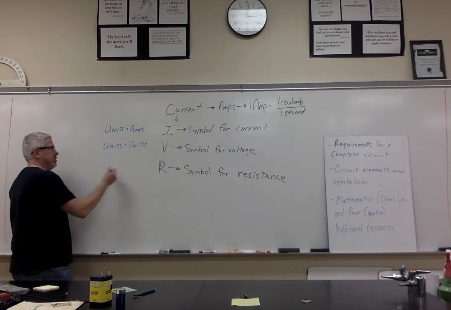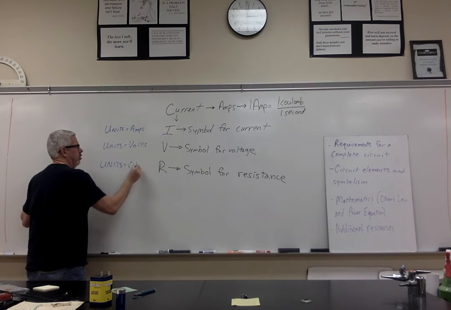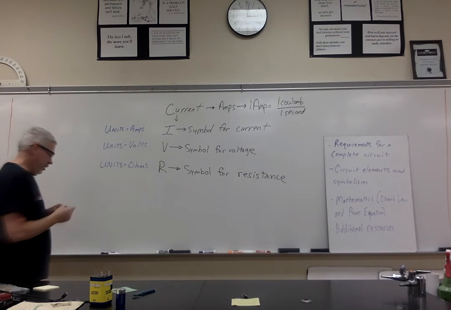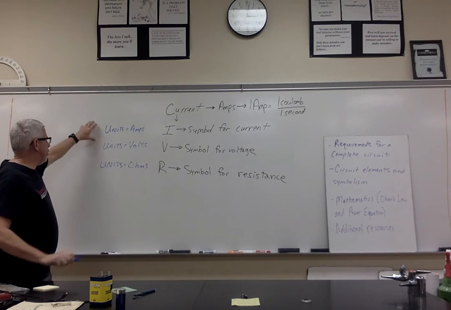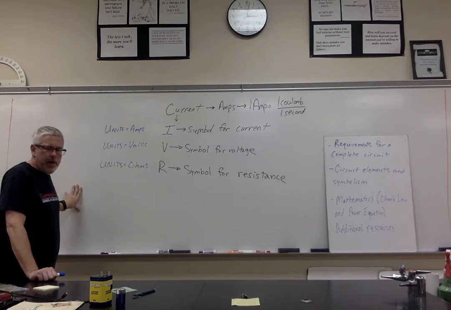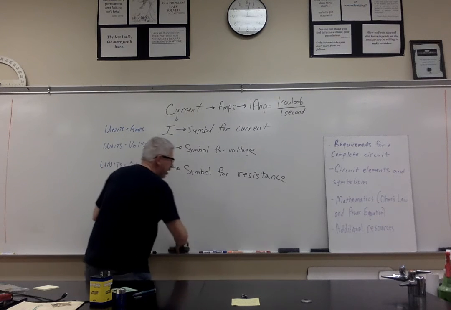The units for resistance are ohms. And the symbol, again, is that weird symbol here. So those are the primary things that we're going to be thinking about. We'll also talk about power a little bit, which is the rate at which energy flows. So come back in just a couple minutes about that.